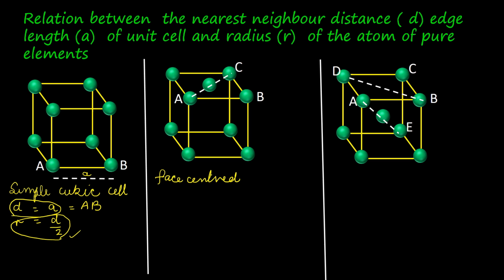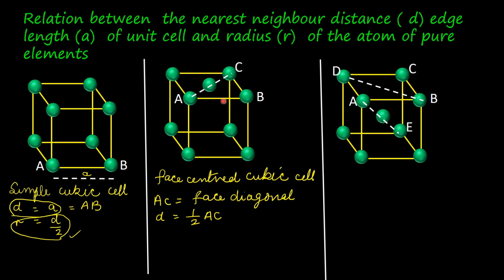For face-centered cubic unit cell, AC is the face diagonal. I have shown only one face-centered particle. Particle is present on all faces. This particle at the corner and this face-centered particle are the nearest. From the diagram it is clear it is half the distance of AC. d is equal to half AC.